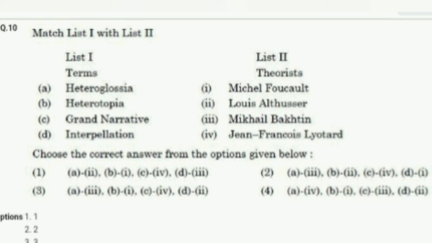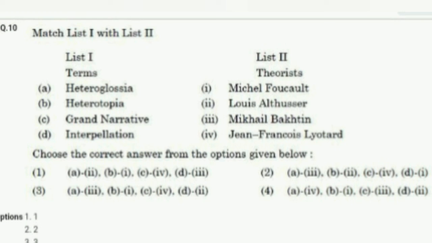Interpellation in Marxist theory is an important concept regarding the notion of ideology. It was coined by Louis Althusser in his Ideology and Ideological State Apparatuses: Notes Towards an Investigation. According to him, every society is made up of ideological state apparatuses and repressive state apparatuses.